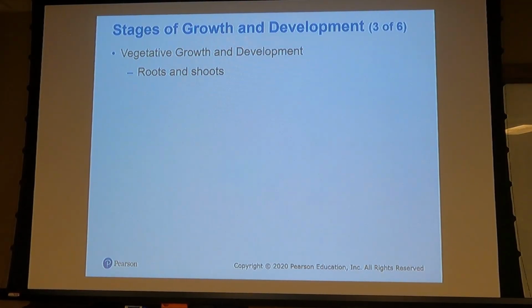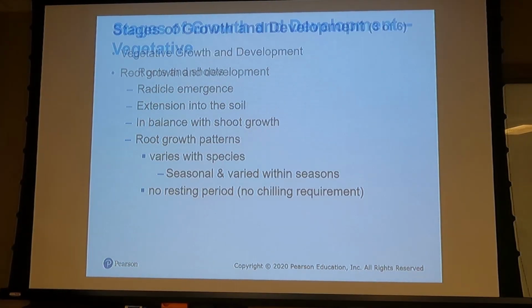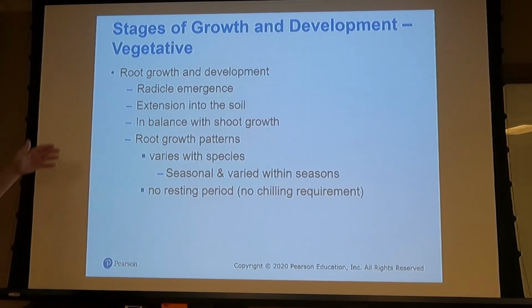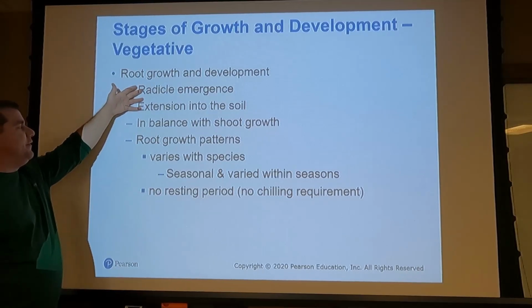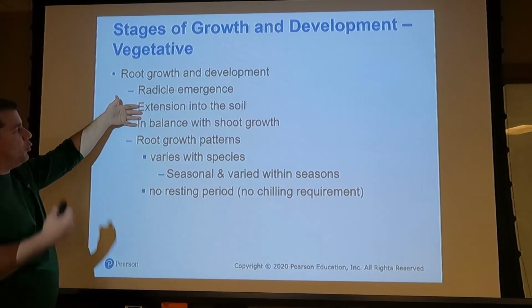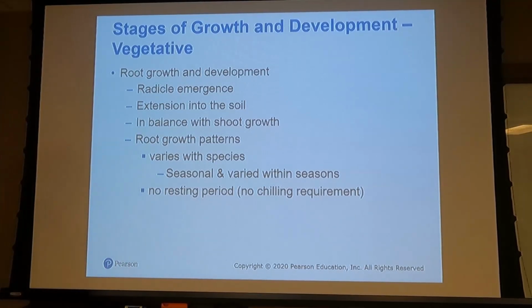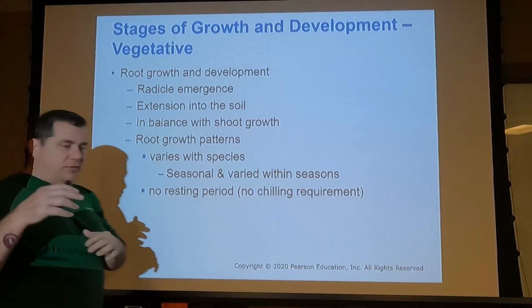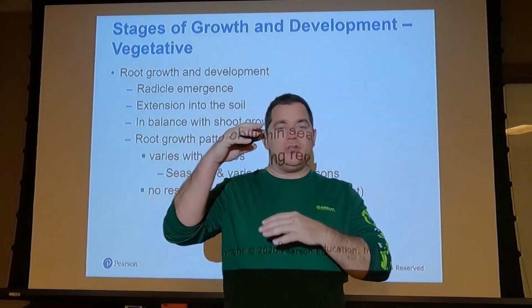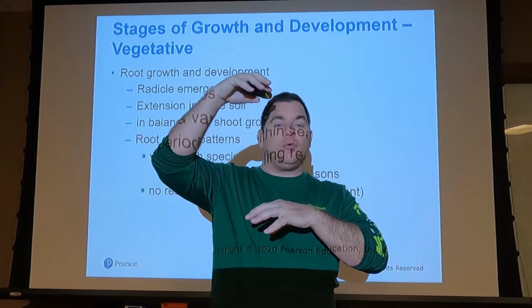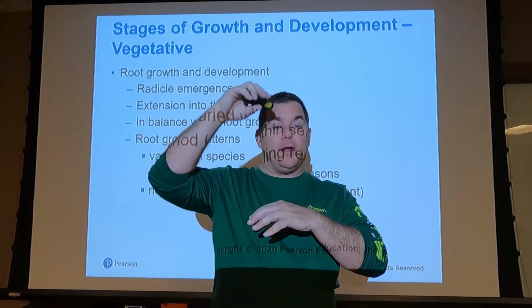So for our vegetative growth, roots and shoots, our vegetative growth is going to be mostly roots and shoots. We have radicle emergence, and then our roots are going to grow into the soil in balance with our shoot growth. You can think about that: there needs to be just as much root growth below the soil as there is shoot growth above the soil so that it can support it.